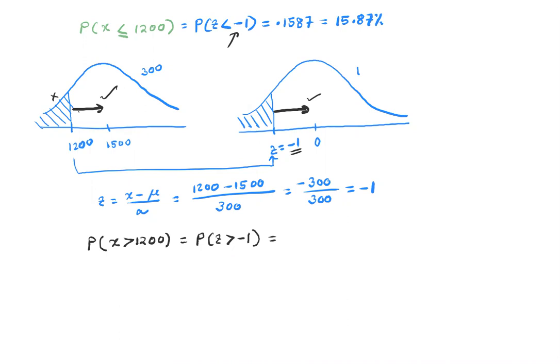Jerry, how do I find it? I'm not too sure. Okay. Would you take 1 minus the 0.1587 to get 0.8413?